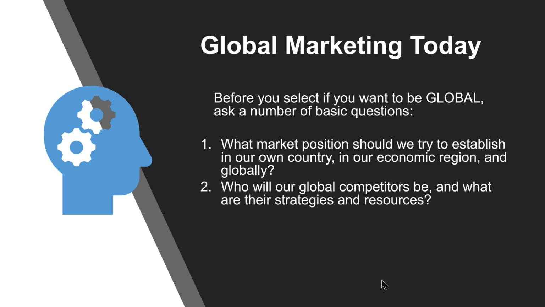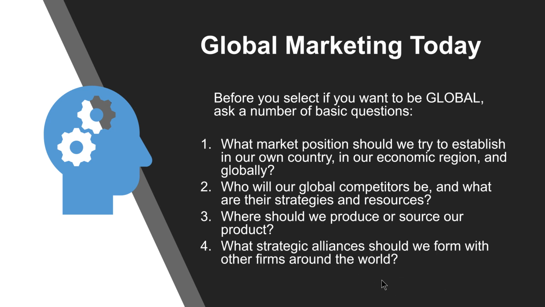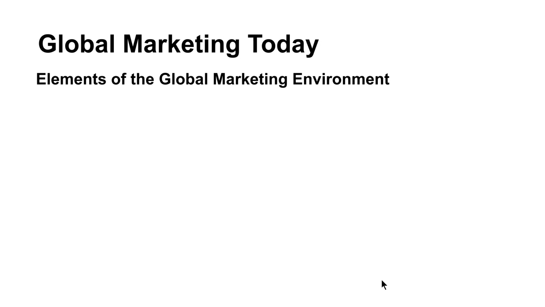Very similar to understanding your own strategies when you are looking for a job, whether it's here in Hawaii or in other locations. The coffee shop will also try to understand how they are going to produce and source their product, how they are going to get it to whatever country they decide, and what strategic alliances they can form with other countries around the world. Is there an easy way for them to get started?